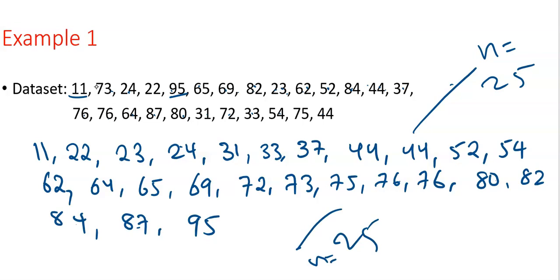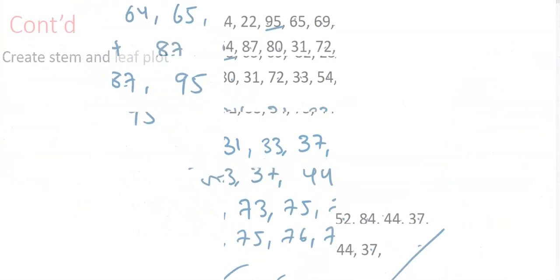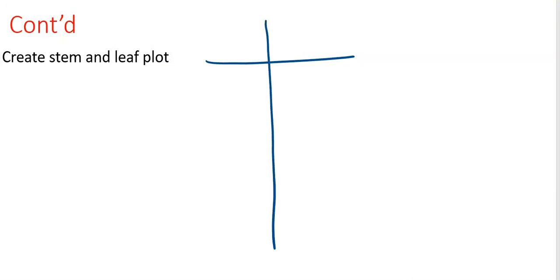Once you have your data arranged in ascending order, the next thing is to draw the stem and leaf plot. So you draw a table where on the left side you will have the stem, and on the right-hand side you will have the leaf.